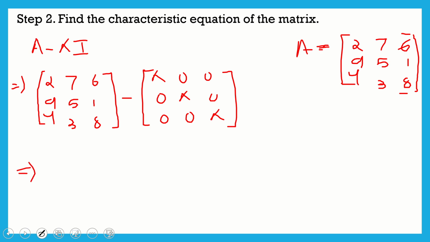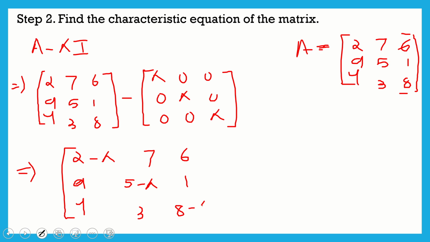Okay, so after that it is just simplification. So this step I'm doing directly. So you will get 2 minus lambda, 7, 6; 9, 5 minus lambda, 1; 4, 3, 8 minus lambda.